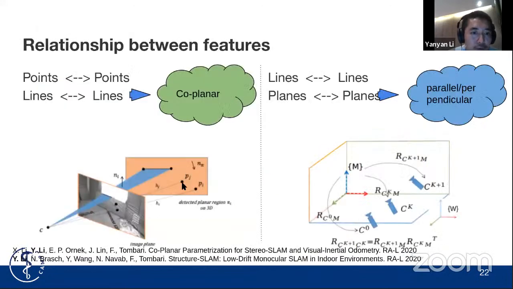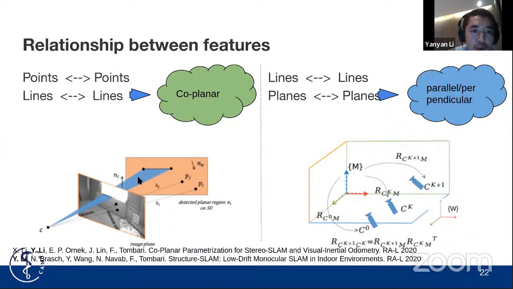For line functions, we can use this parameter. You can see it from the original center of the camera and also the endpoints of the line. For this blue plane, we have normals, and also we have plane normals.